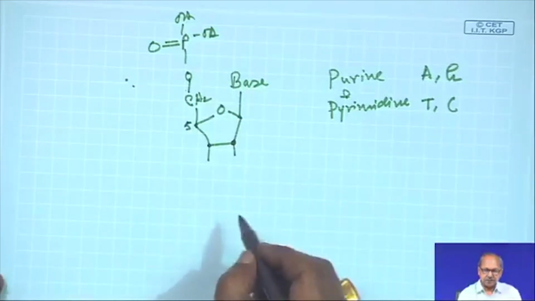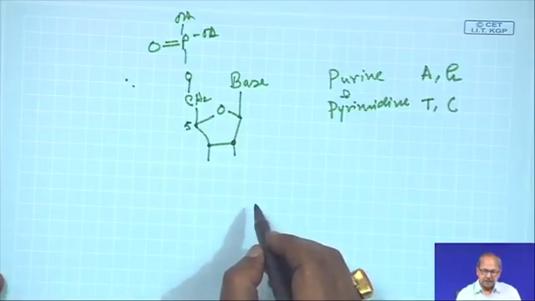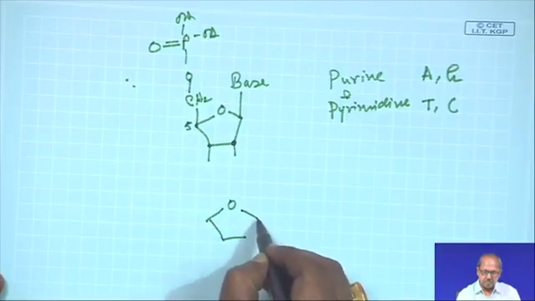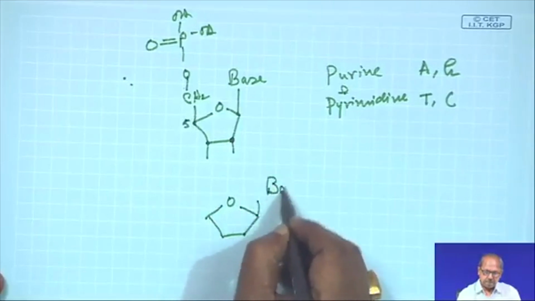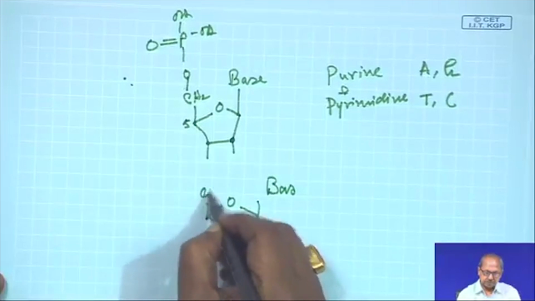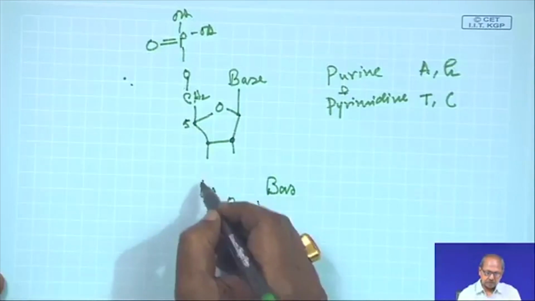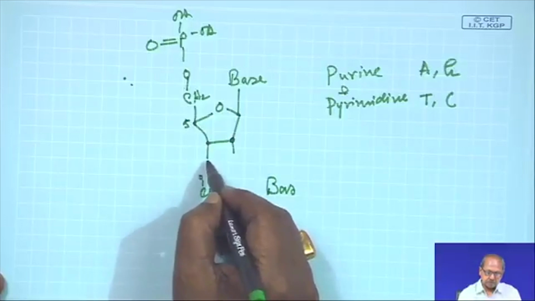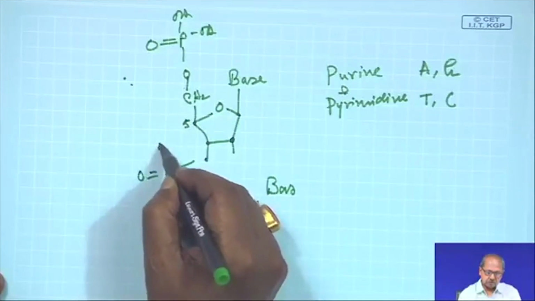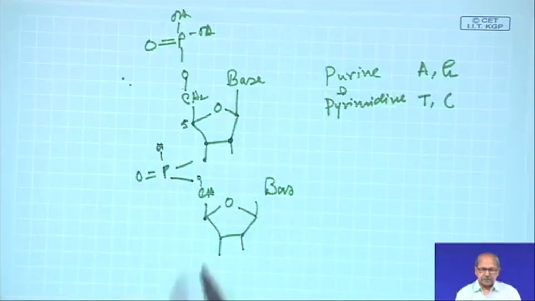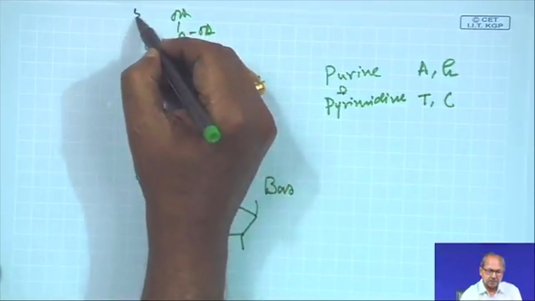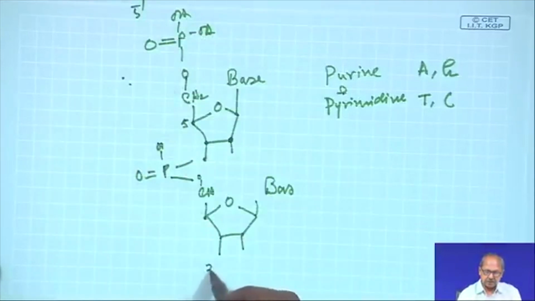Now, these nucleotides are linked by the phosphodiester bond, and in that way all the bases are linked by the phosphodiester bond. This is the 5 prime end and this is the 3 prime end.